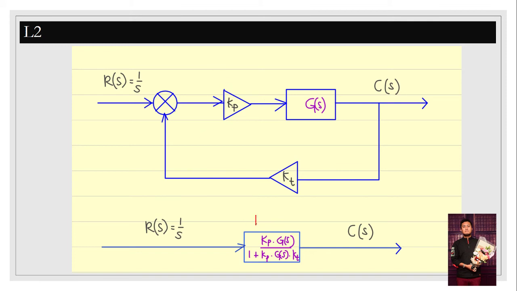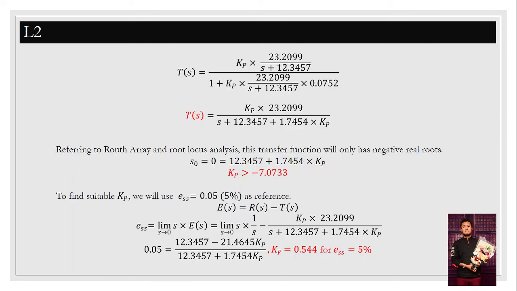So we get the transfer function: 1 plus Kp multiplied by Gs, divided by 1 plus Kp multiplied by Gs by Kt. We plug in the value of Gs here, and this one is Kt. So this one is Gs, and also this one. So we get the Ts formula, and this Ts formula has Kp inside.